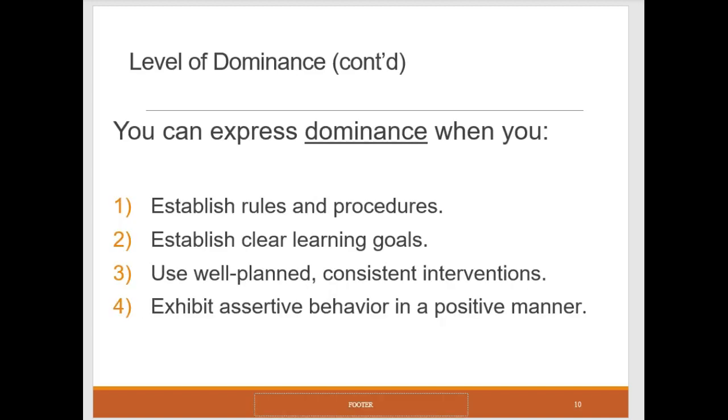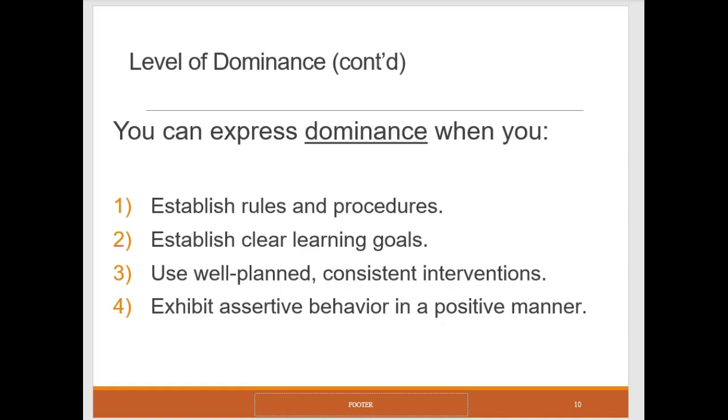You express dominance when you establish rules and procedures, and it's best to keep rules to as few as possible and to always state them in the positive. It's also important to establish very clear learning goals. What are we doing? Why are we doing this? It's not unlike the central focus that we talked about in planning.